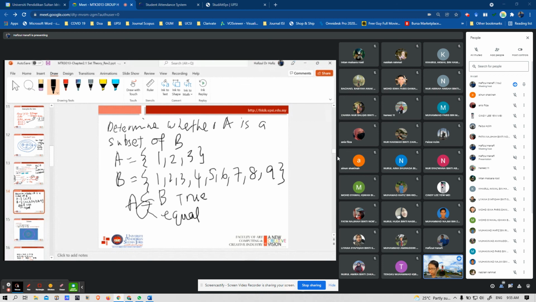Inclusion or containment from set A to set B. It is clear from analyzing the two sets A and B that A's elements belong to set B, so A is a subset of B. That is the answer.